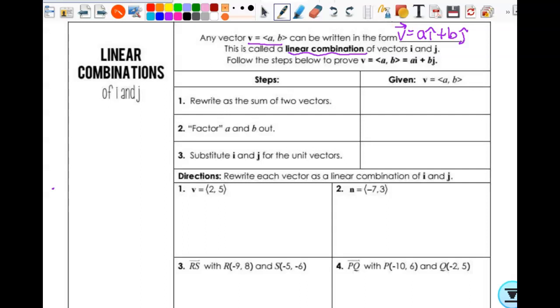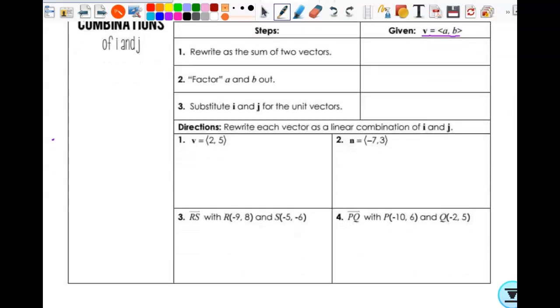We're going to rewrite this vector as a sum of 2 vectors. So I can rewrite this as a comma 0 plus 0 comma b. Would you agree that that's the same thing? When I add them together, I get vector a, b, right?